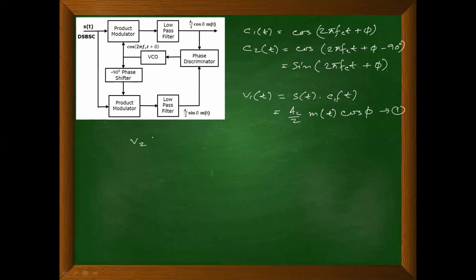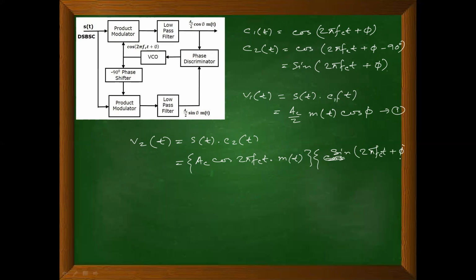And next V2(t). This is the output of the product modulator which is used in the lower half portion. So it will give S(t) multiplied with C2(t). That means Ac cos(2 pi fc t) into m(t) will be multiplied with C2(t), that is sin(2 pi fc t plus phi).